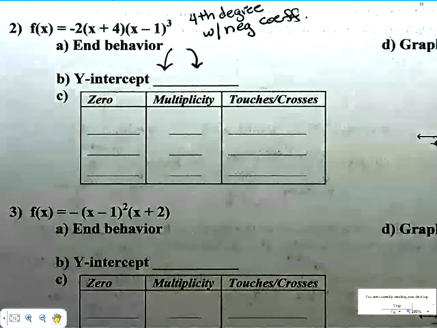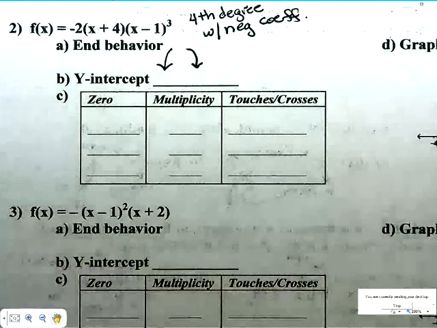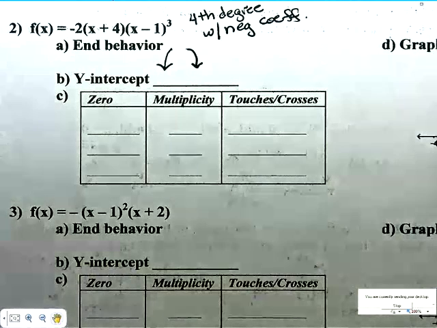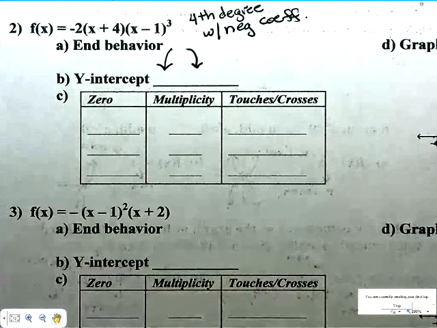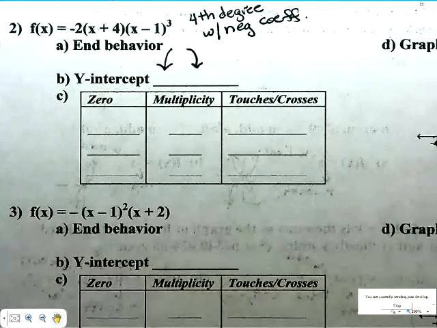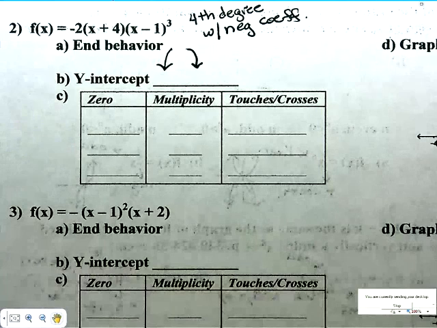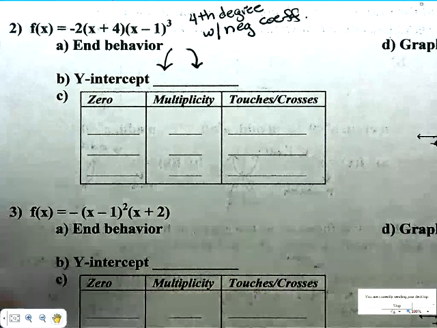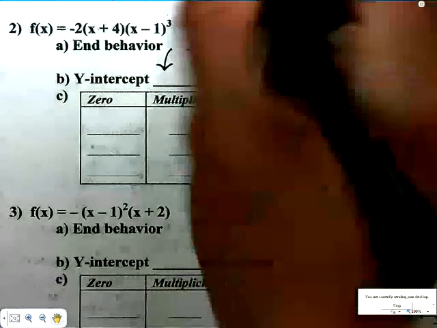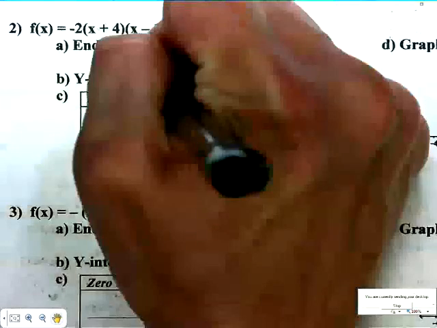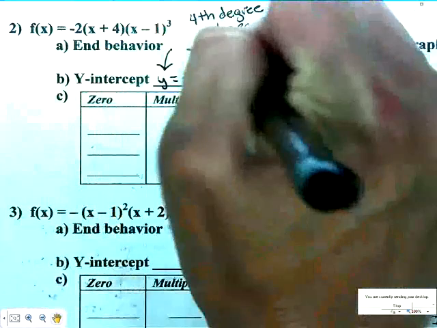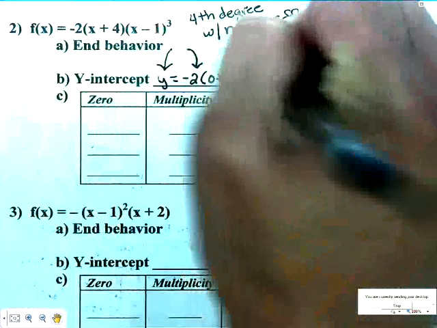All right, what about the y-intercept? How do I find a y-intercept? Nope, that's how I find x-intercepts. To find the y-intercept, I let x equal 0. All right, so I'd have y equals -2 times 0 plus 4 times 0 minus 1 cubed.